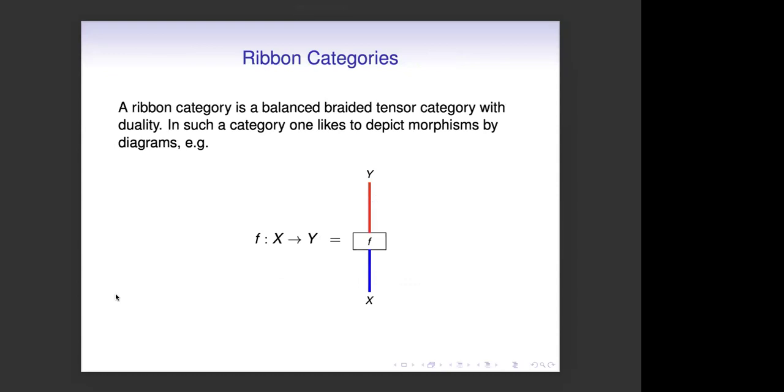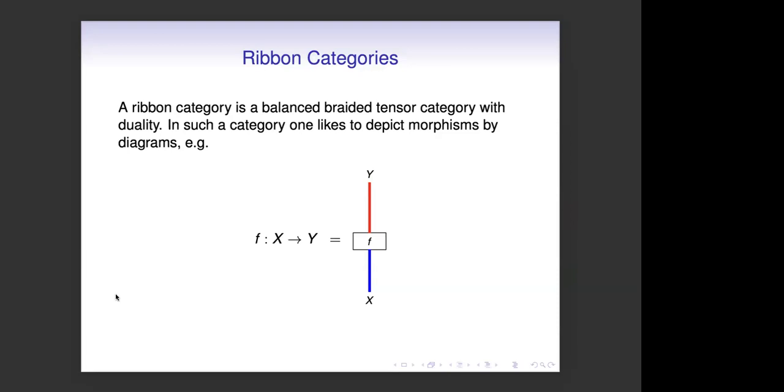Now, a ribbon category is very nice because there one has a graphical calculus for morphisms, and that's very pleasant because that means instead of writing down formulas for morphisms or drawing commutative diagrams, you just draw graphs, and in order to have a good overview, you color them in different colors. So each object gets a color, and the strand just amounts to the identity.